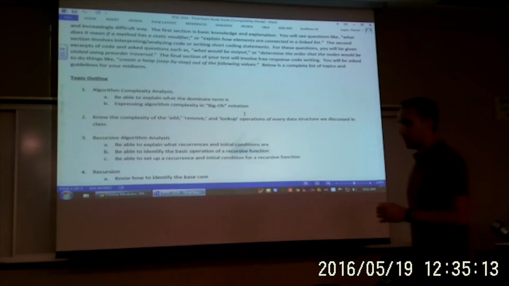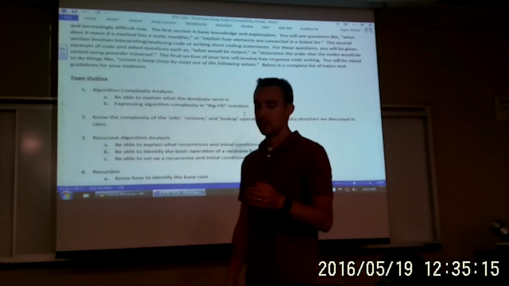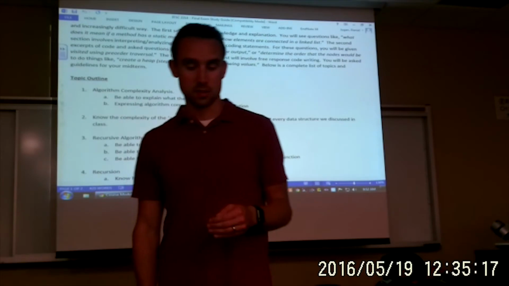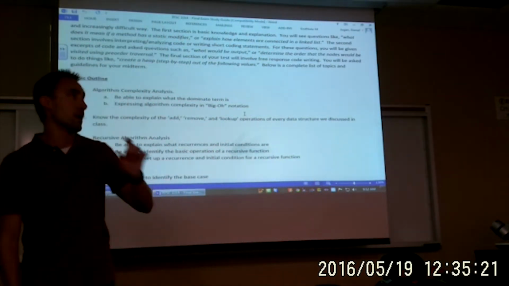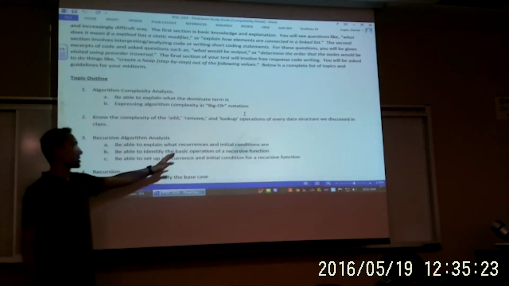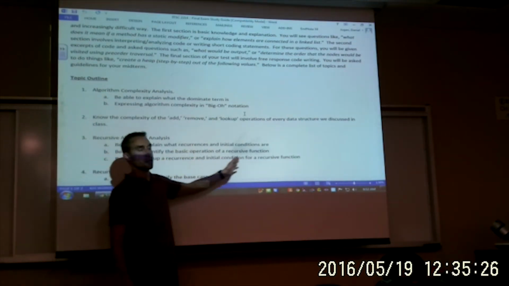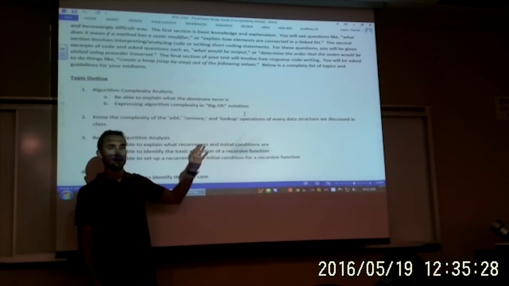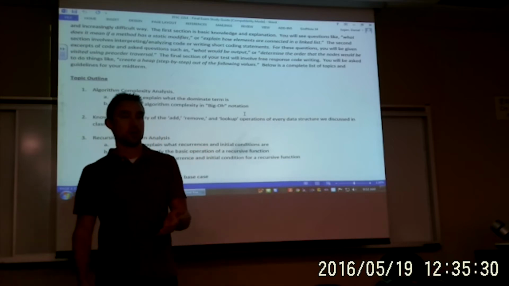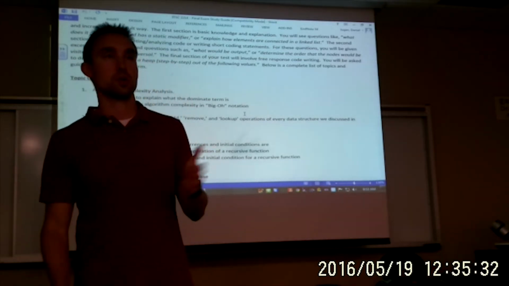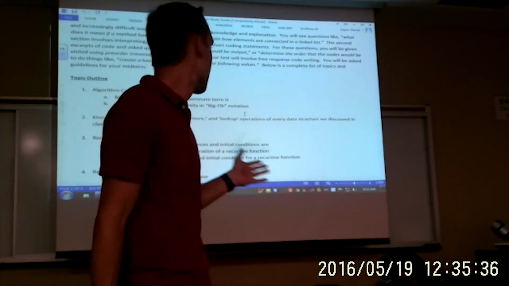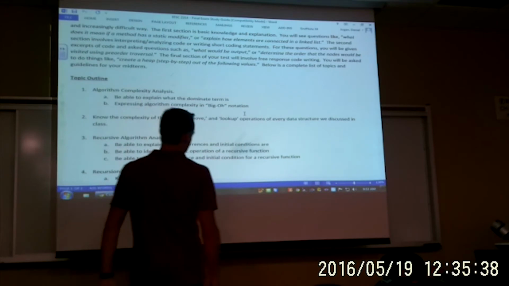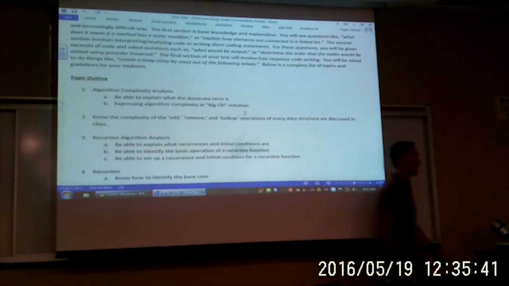An initial condition, again, is an expression of a function. But whereas a recurrence was an expression of a function in terms of itself at another point, the input of a recurrence is always some arbitrary number, some unknown number n. We might have f(n) = f(n-1) + 1.